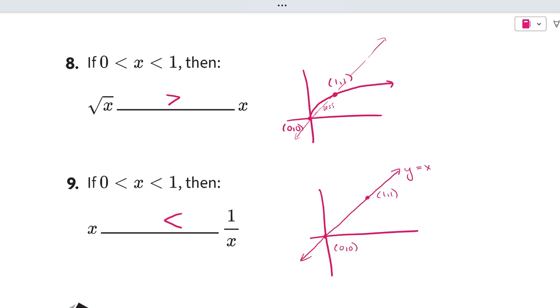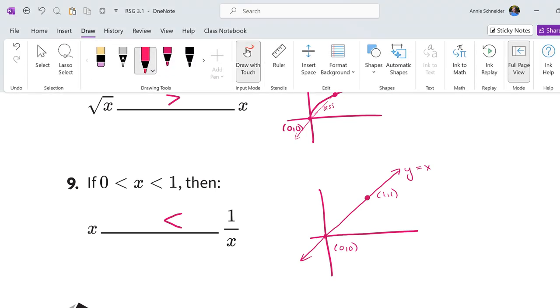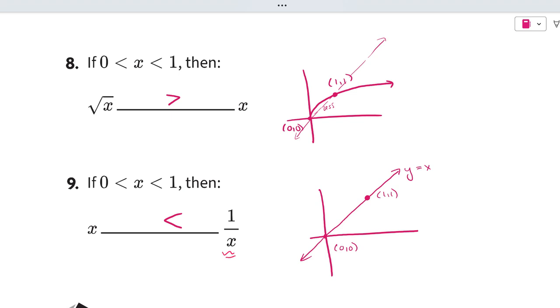Now 1 over x also has this point 1, 1. So 1 over x, let me switch my color up a little bit, has a vertical and a horizontal asymptote at 0, 0. So at y equals 0 and x equals 0. So that has that shape, and it exists down over here too, but we're only looking at this positive range, so I don't need to focus on that.